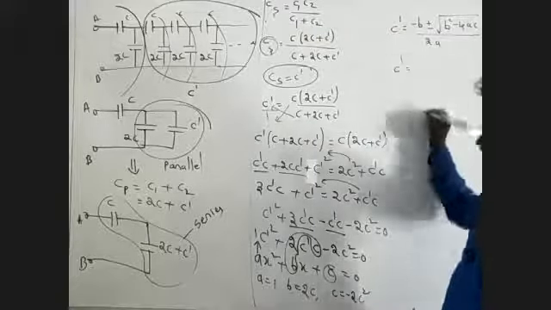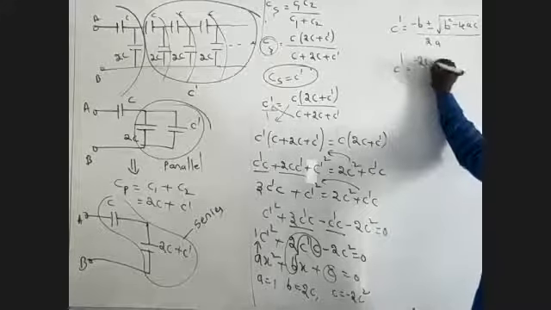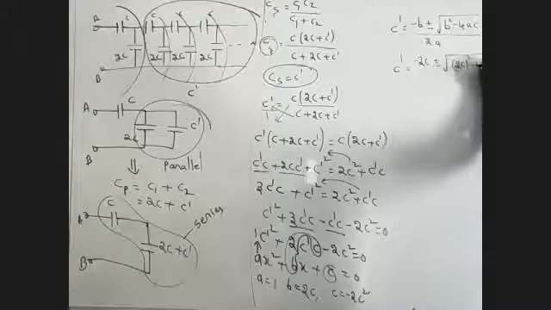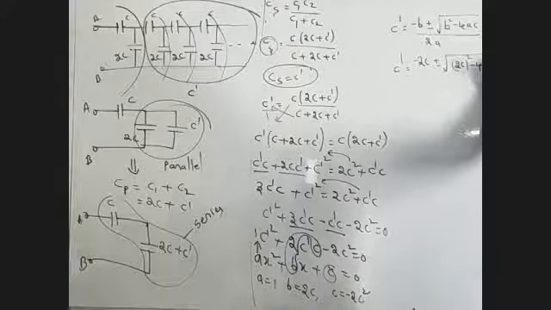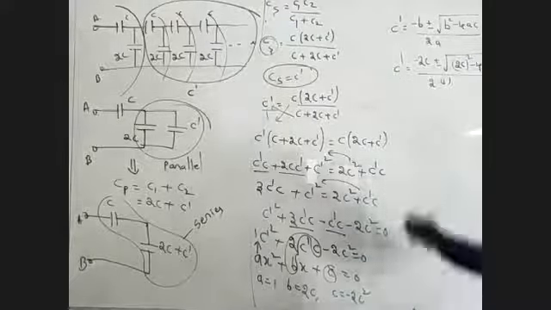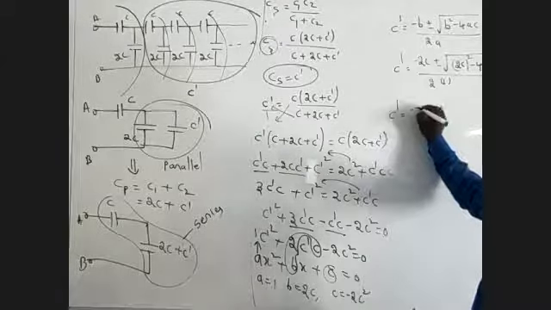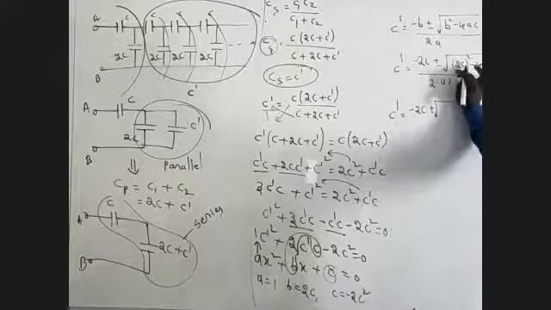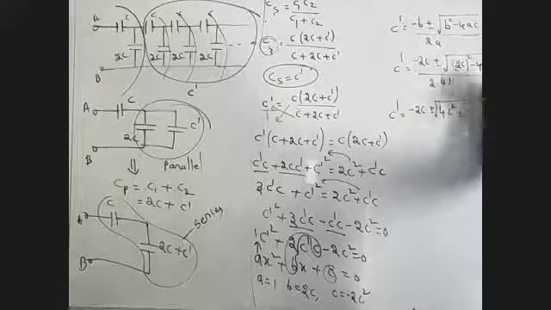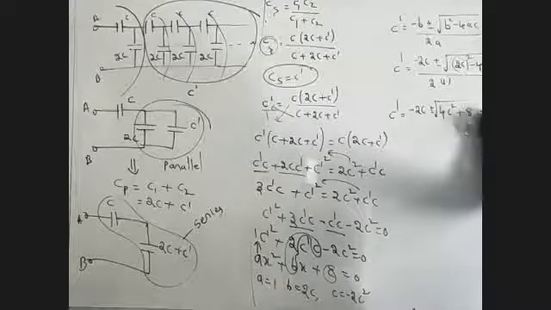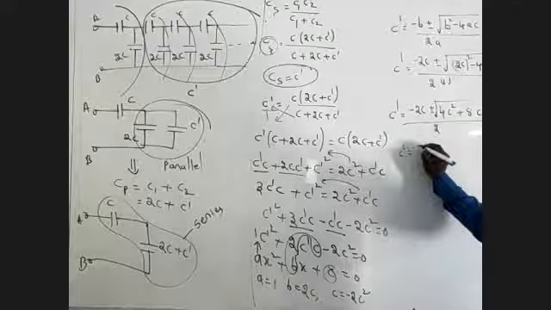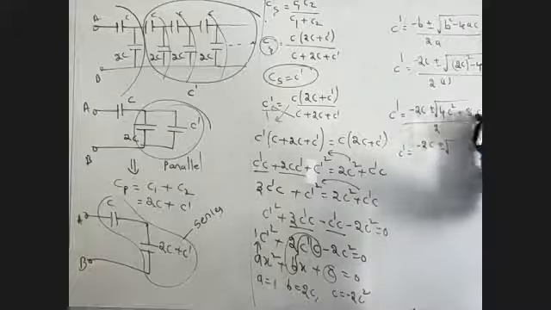Minus 2C plus or minus root of 2C whole squared minus 4 into a, which is 1, into c, which is minus 2C squared, by 2a. So 2C whole square is 4C square, and minus into minus plus 4 into 2 gives 8C square.